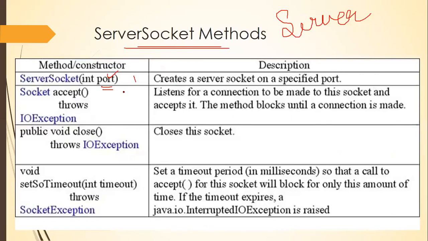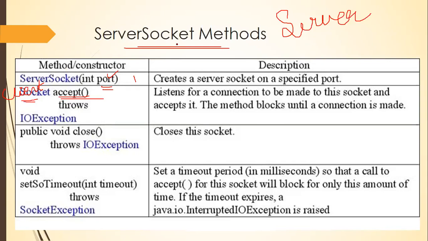Now, the server socket will be accepting a connection from the client socket. So you have a method called accept, so as to accept a connection from the client socket.